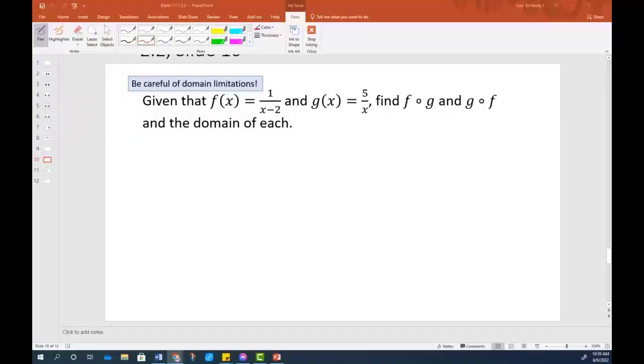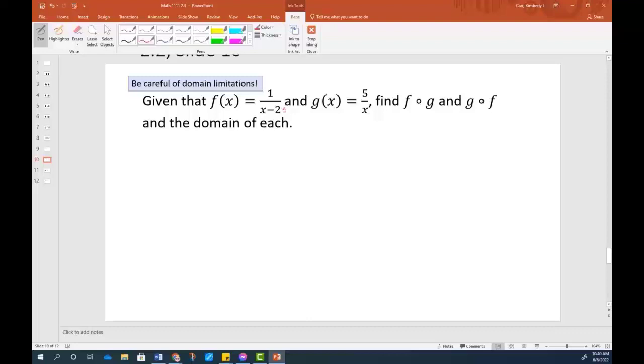We do have to watch out for domain limitations. So here, if we're going to find f of g and then g of f of x, we need to look individually at what those domains are. So when you're dealing with f of x, I know that x minus 2 cannot be 0.